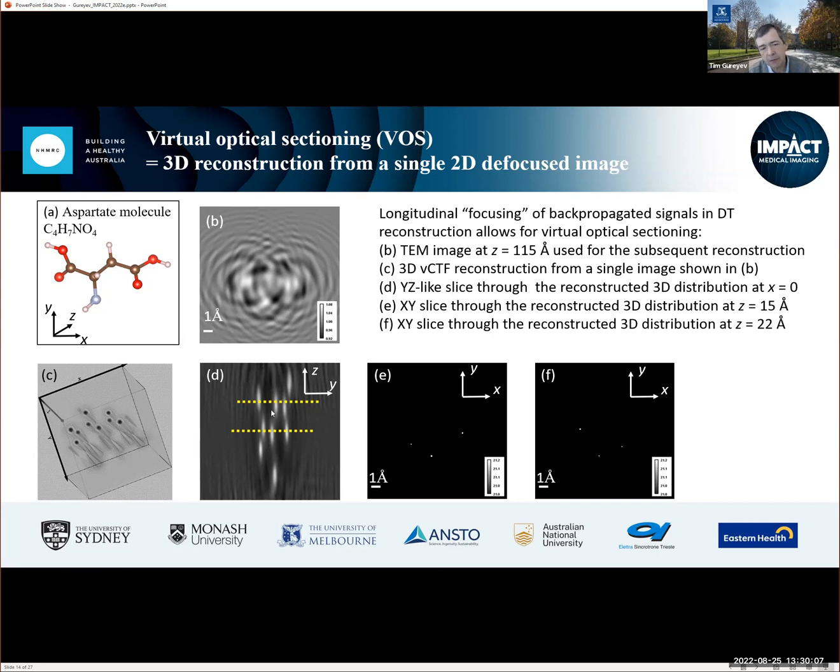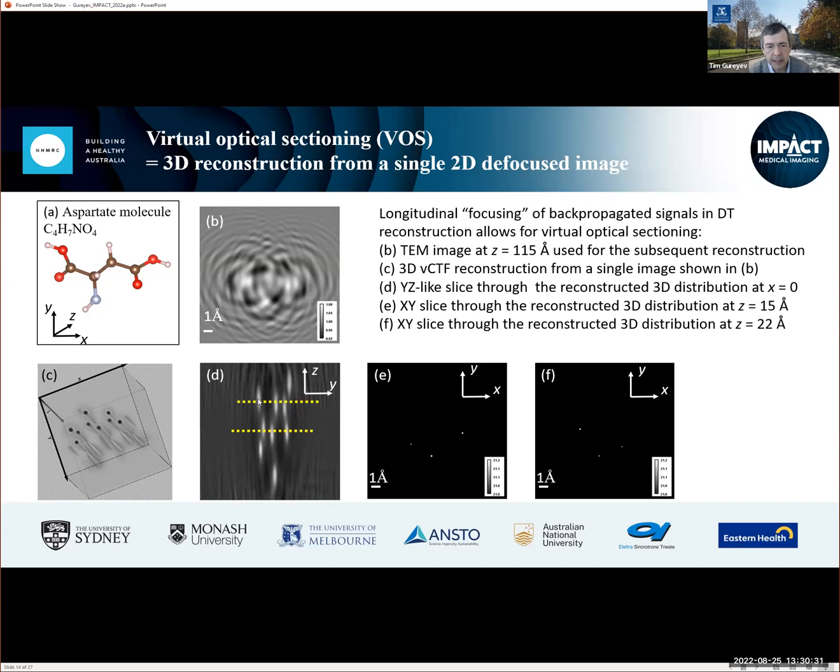And that's a slice from that reconstruction where this Z longitudinal direction is the direction from the source to the sample. And you see where atoms are, we get these elongated peaks. So we get some indication of the longitudinal position, so along Z, of each atom.